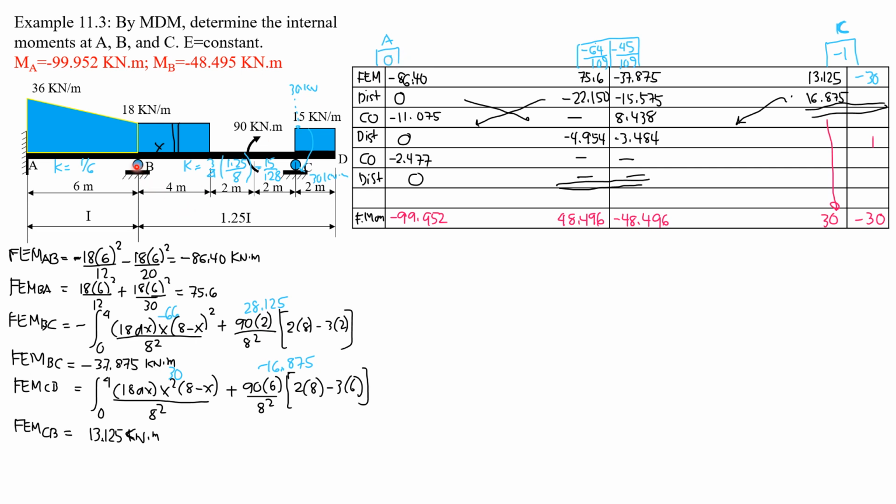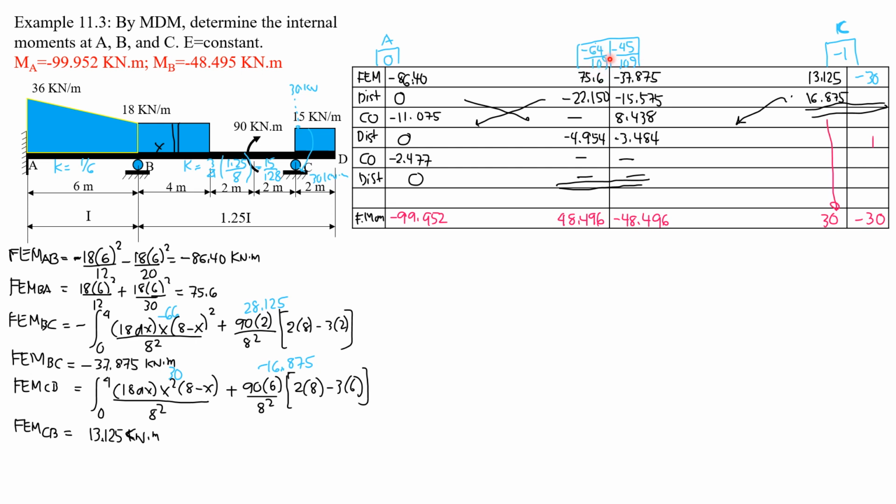Then for BA, it is 1 over 6 divided by 1 over 6 plus 15 over 128, and change the distribution factor to negative. That's my technique also, so that we won't worry anymore in changing the sign after we distribute the unbalanced moment. So negative 64 over 109.